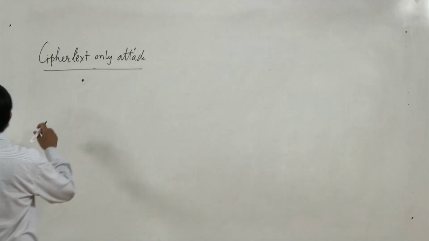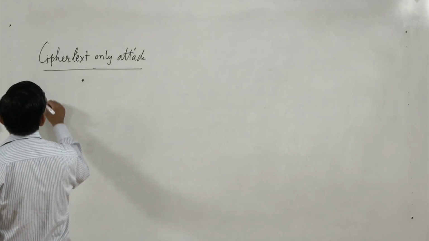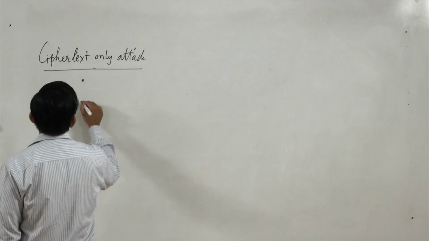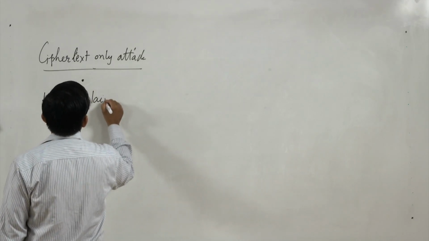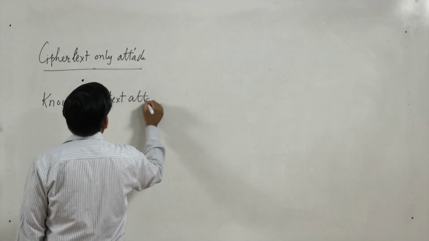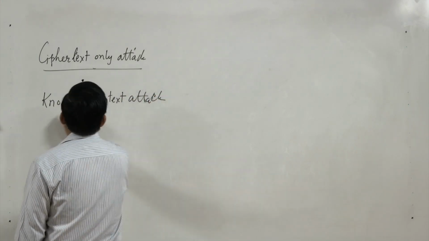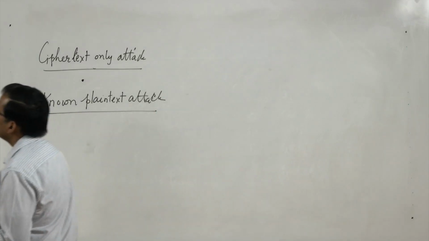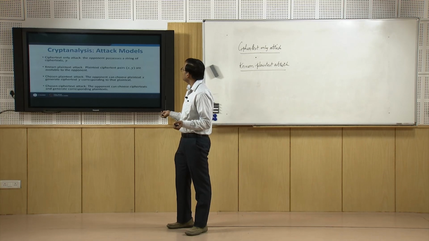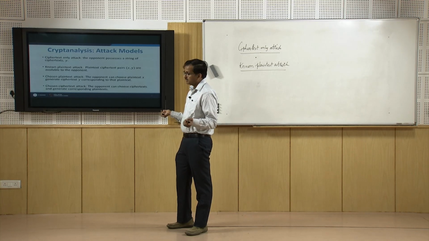So, the plaintext ciphertext pairs x, y are available to the opponent.